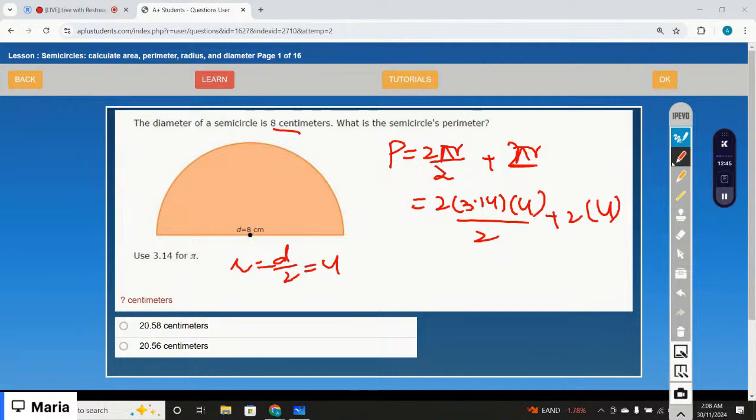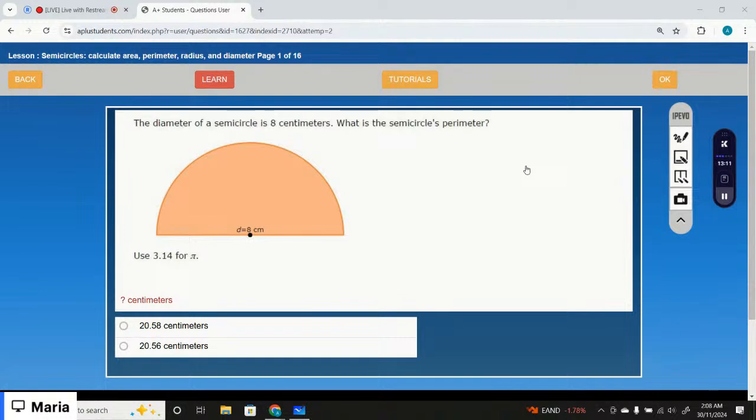The correct option is 20.56 centimeters. Just do the calculations. Option number 2 is the correct option.